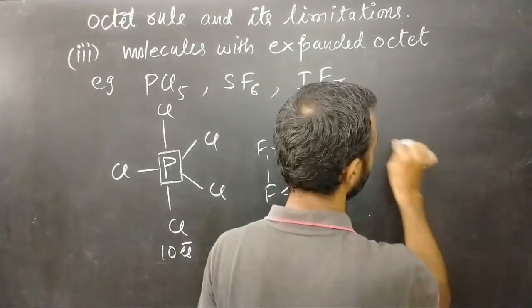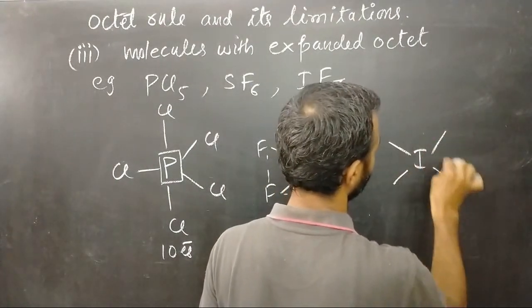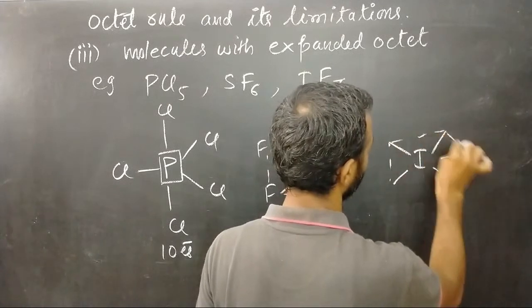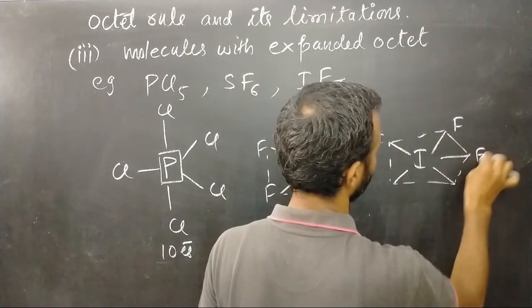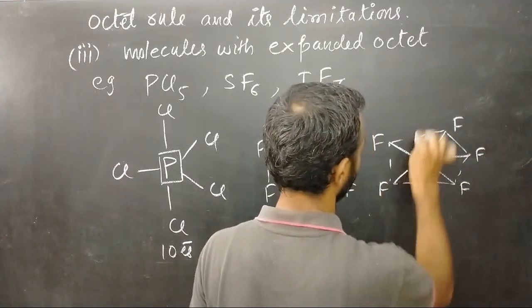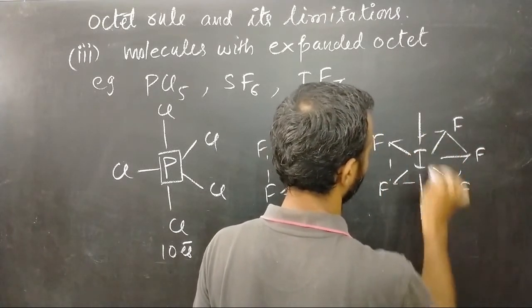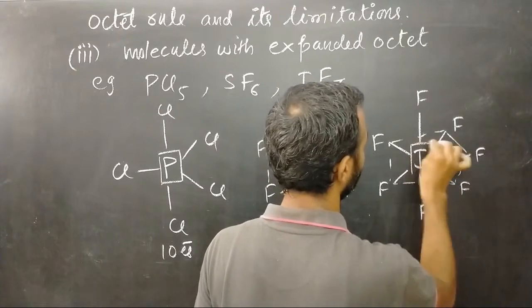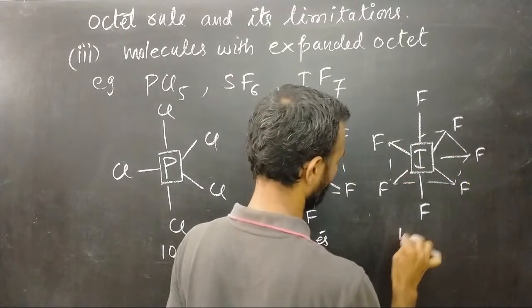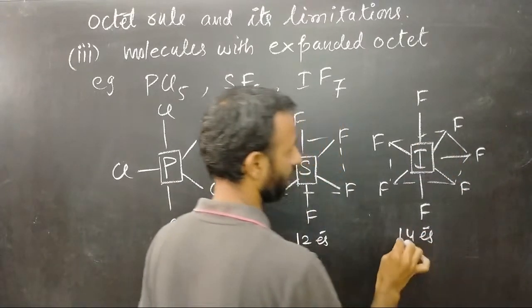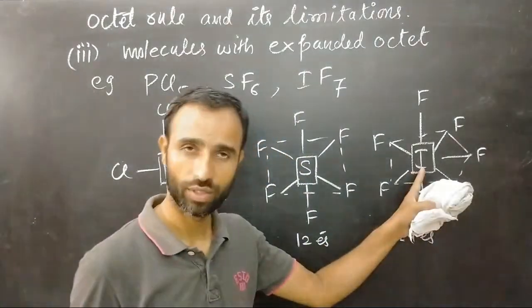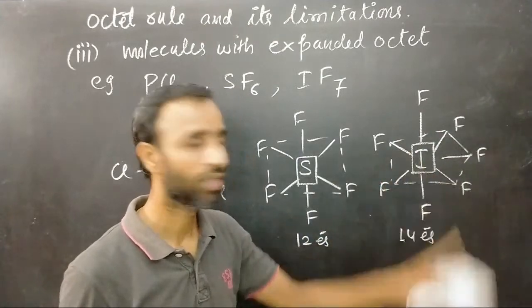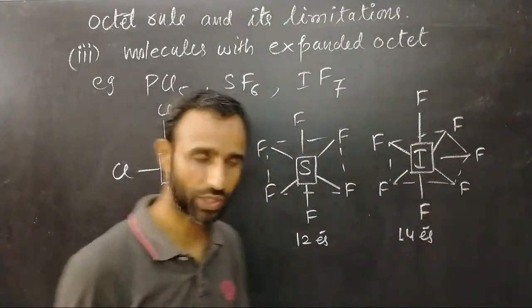In IF7, there are 14 electrons around iodine, 7 its own and 7 shared with 7 fluorines.